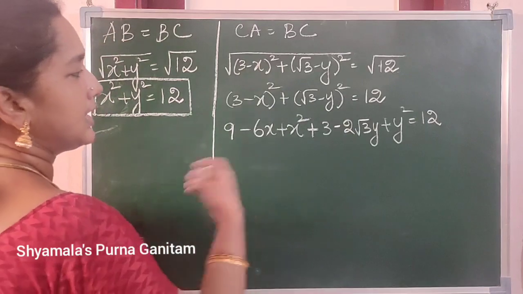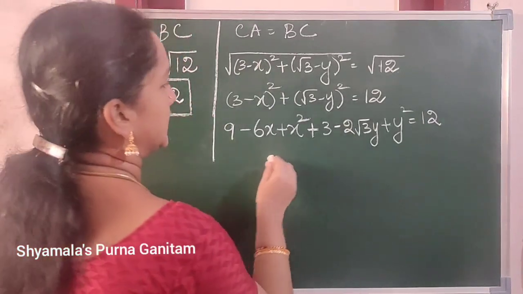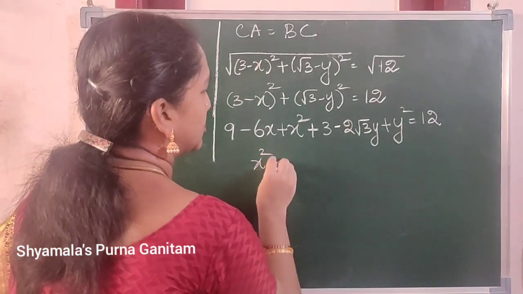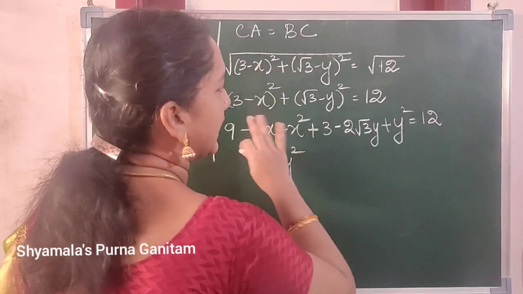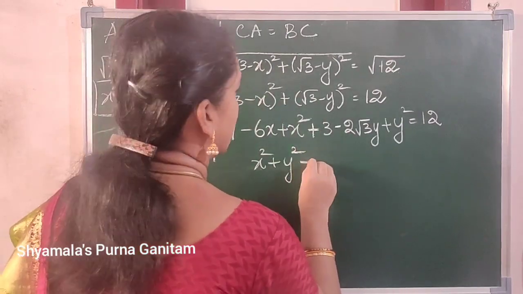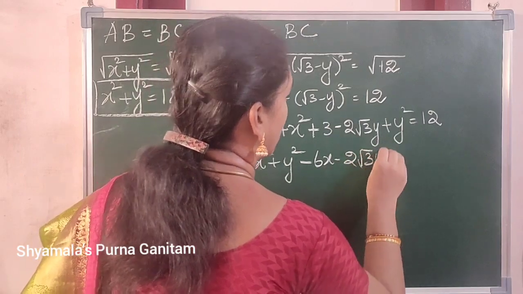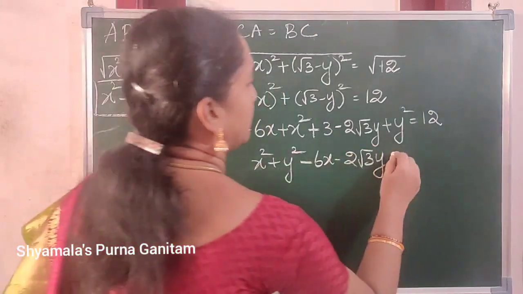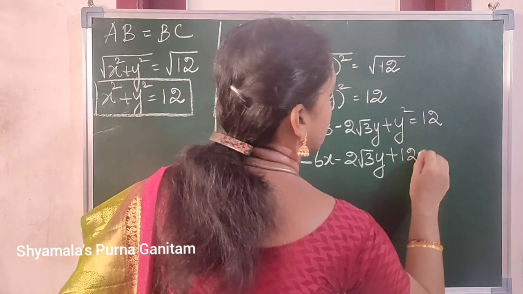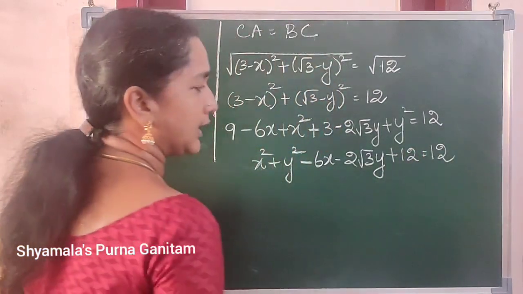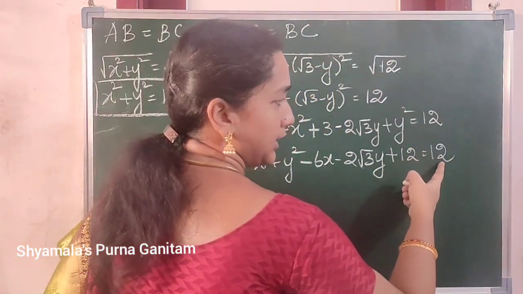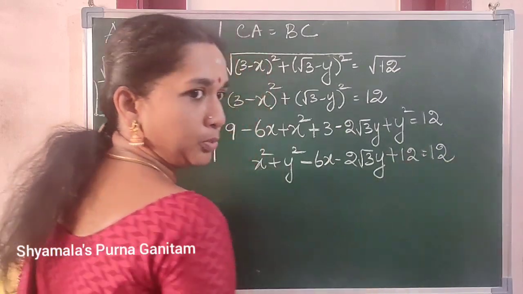Now after this, x² + y², I am rewriting this, that's all. Minus 6x minus 2√3y plus 12 is equal to 12. Here I have plus 12 and plus 12 equal to 12.